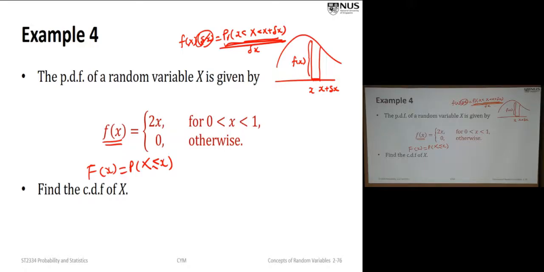The capital X represents the random variable, with a probability density associated with it, and it is less than or equal to a constant. This little x is a constant, an argument. It's fixed.